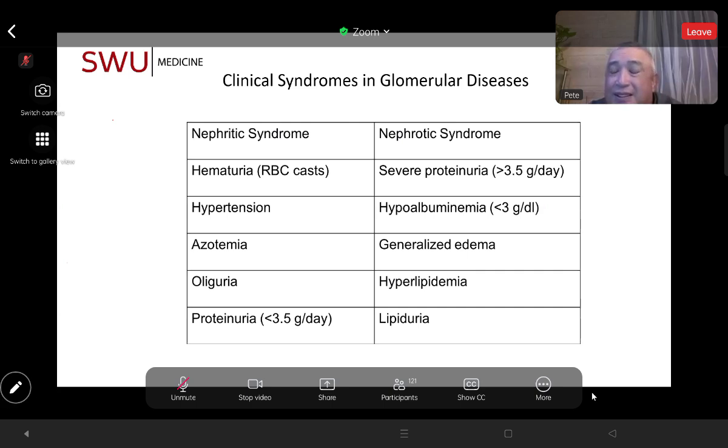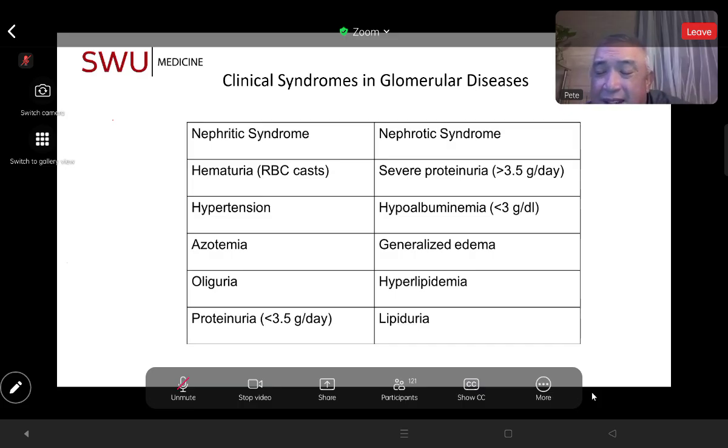Normal urine output is 500 to 2000 ml. Any value more than 2000 ml is considered polyuria. Do you follow me?